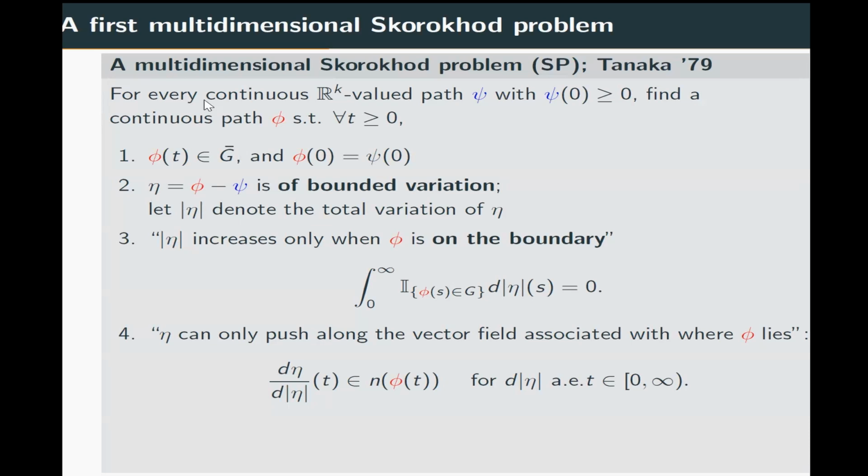So my pushing process only increases in that case. Then eta moves in some direction, and now I also have directions on the boundary, so I have to say which direction it goes in at any time. That has to be in the normal vector field at the point at which the process is. So that is the well-known multidimensional Skorokhod problem.